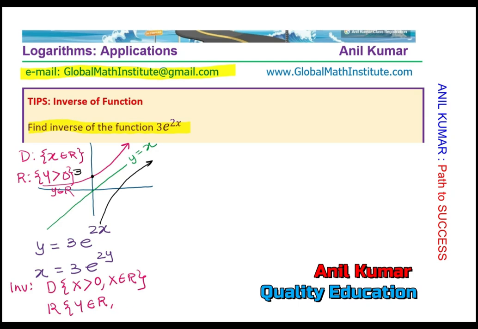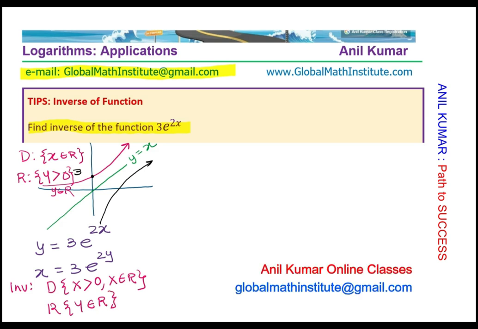So no restriction on the y value. However, the domain will have a restriction. As you can see, we have a vertical asymptote here at x equals 0. So there is a restriction on domain. It makes sense, right? So let's now move forward.